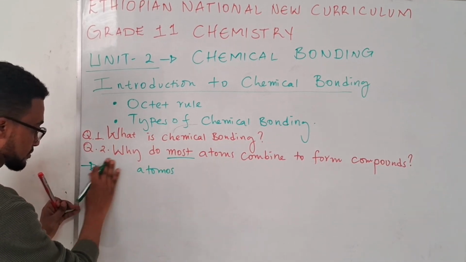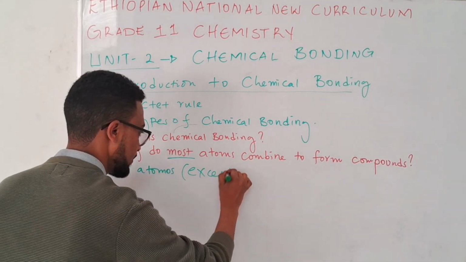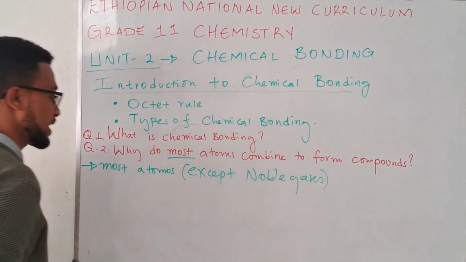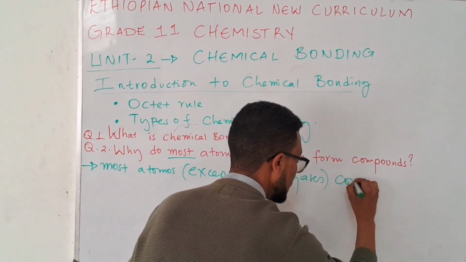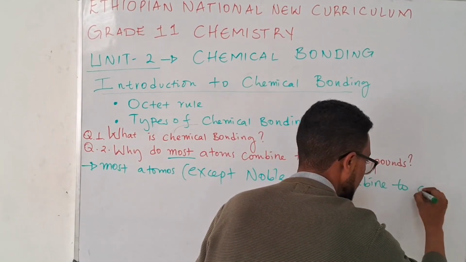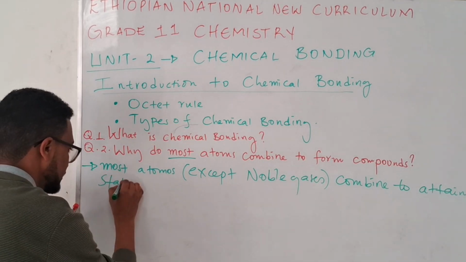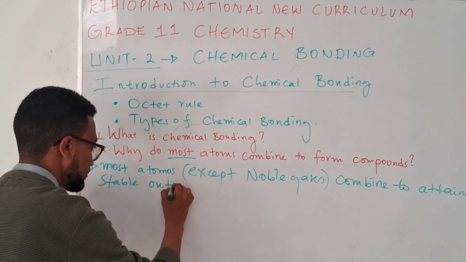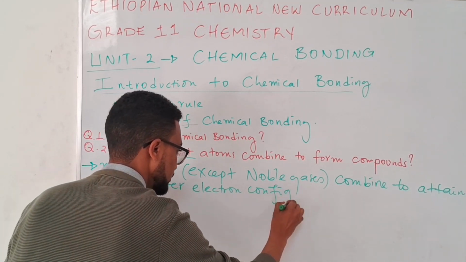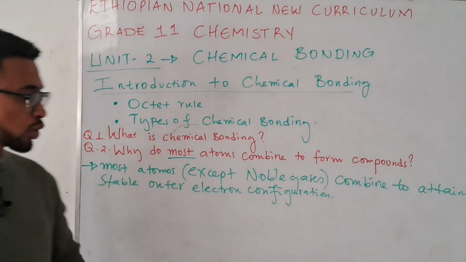Most atoms, except for the noble gases, combine with other atoms to attain a stable outer configuration. So we're saying except noble gases here.